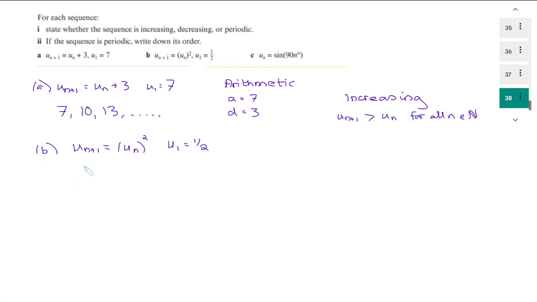So we've got U1 is a half. So let's just start writing out what the terms are. We've got a half squared, hoping you can remember how to multiply fractions easily. We've got a quarter, squared, 1/16, 1/16 squared. This is one of the ones you probably should know, or at least recognise.